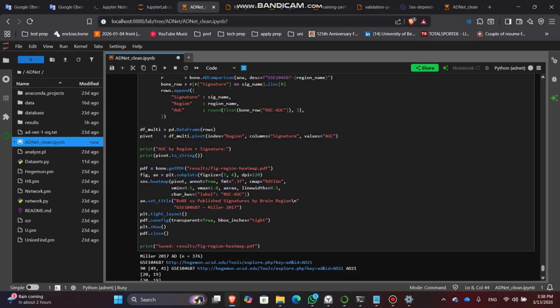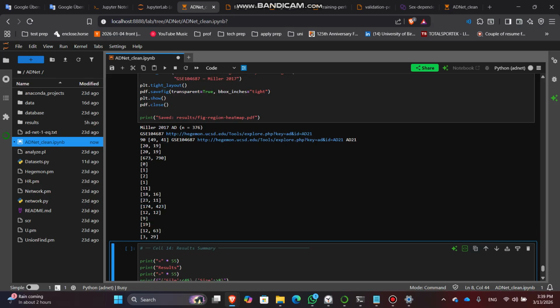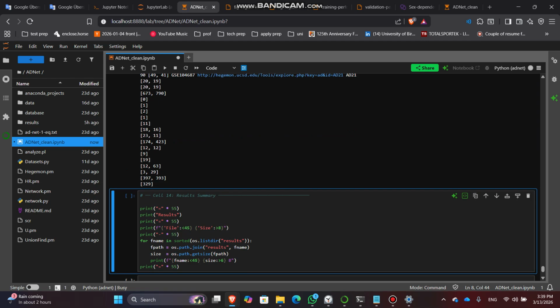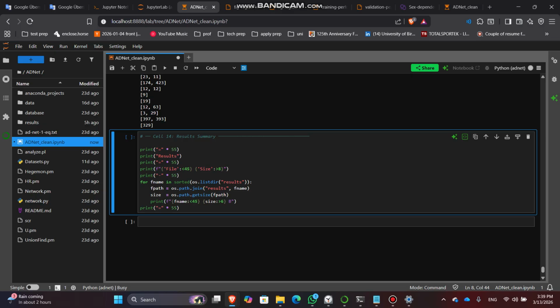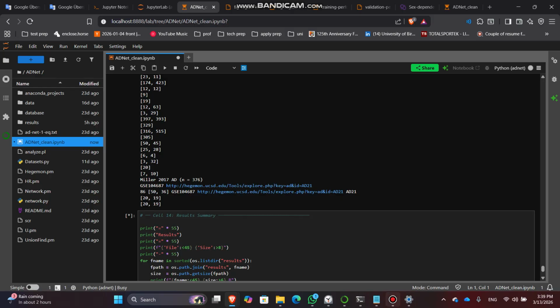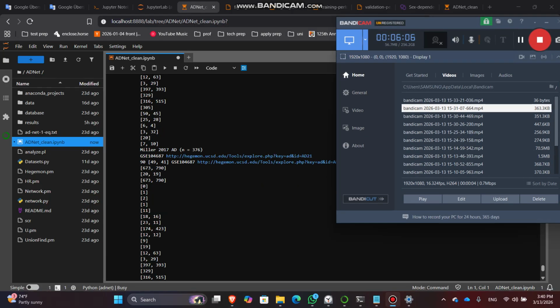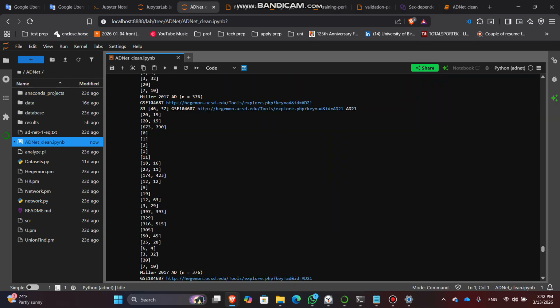This is cell 13. As you can see, cell number 13 prints the heat map.